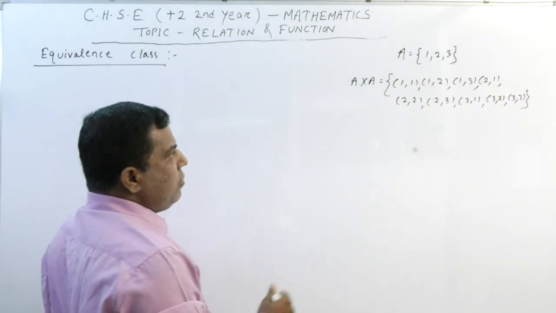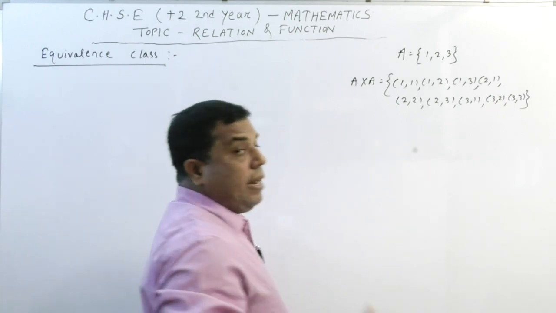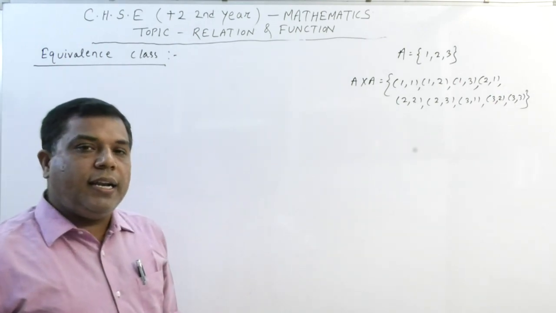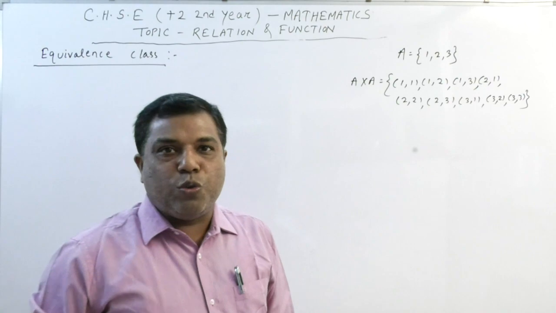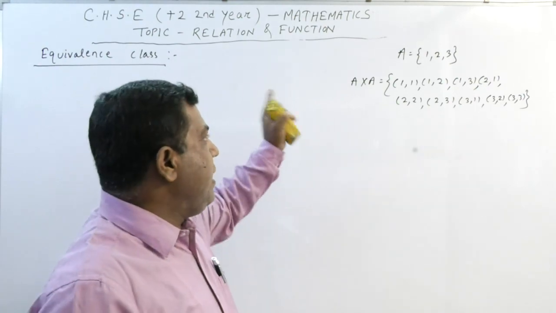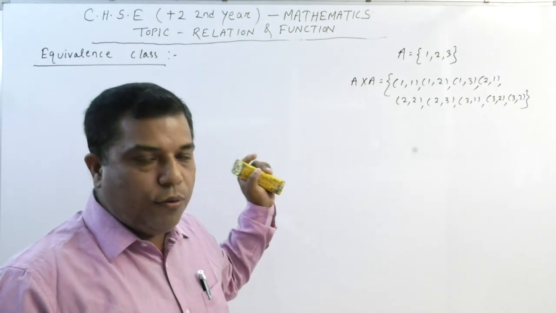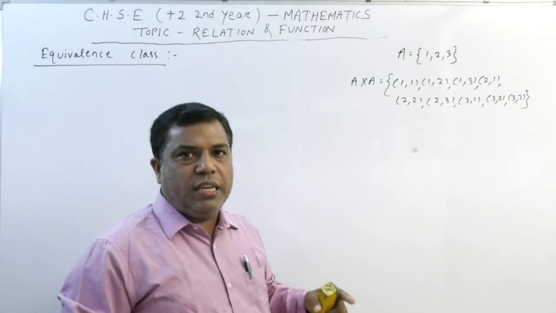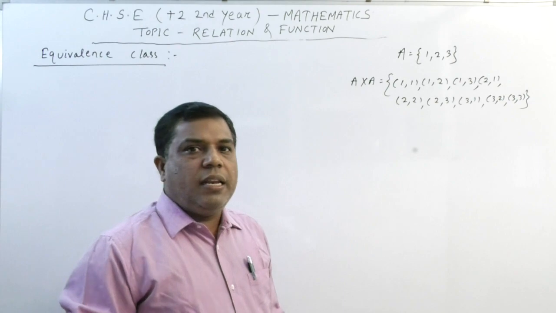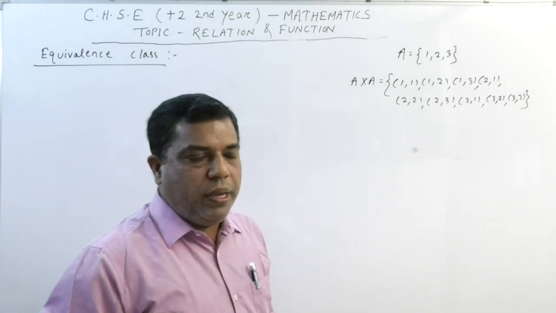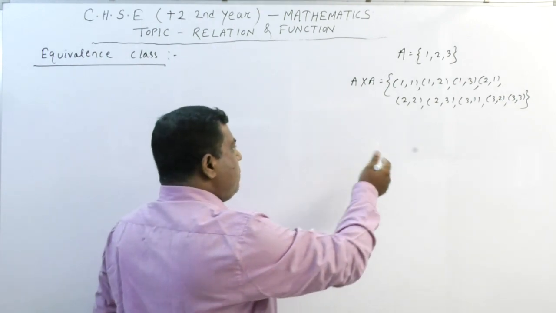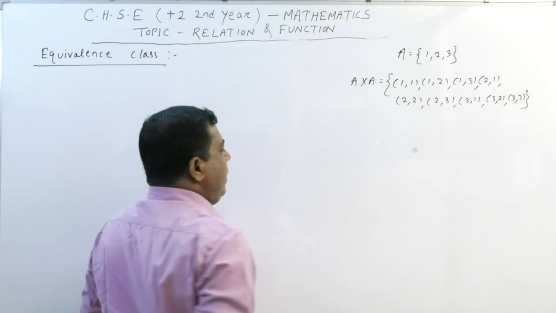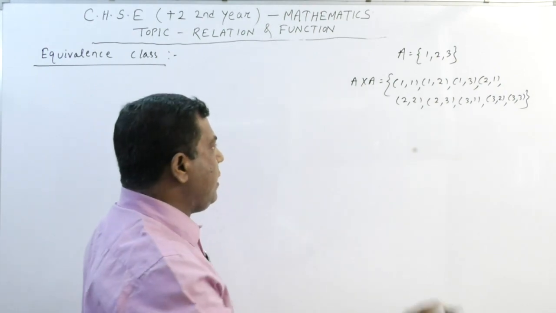Now take a relation from it, and remember, my dear students, that relation should be what? It should be an equivalence relation, not an ordinary relation. If we take an ordinary relation, we see that from an ordinary relation equivalence class cannot be found. So for our convenience, let us take an equivalence relation.